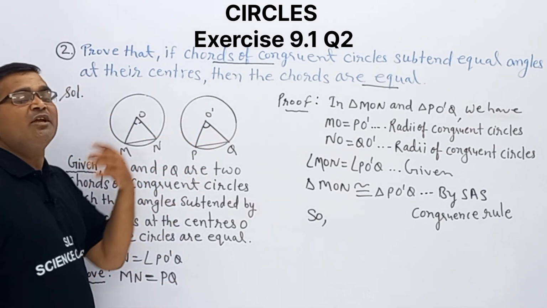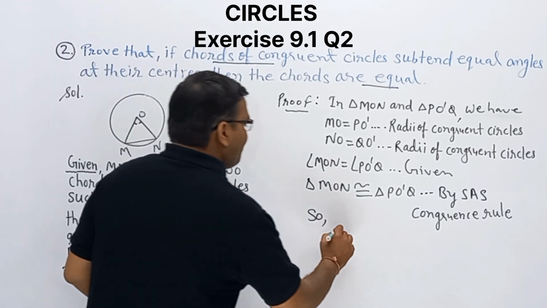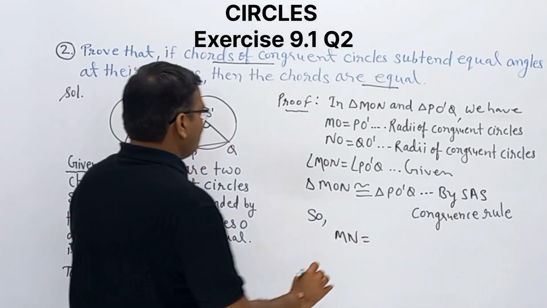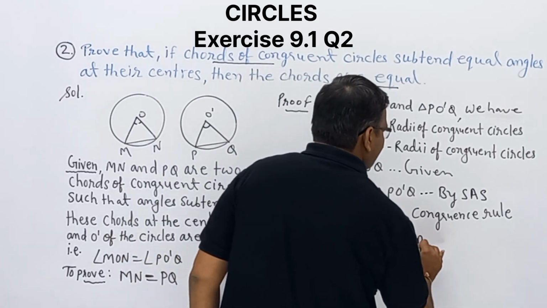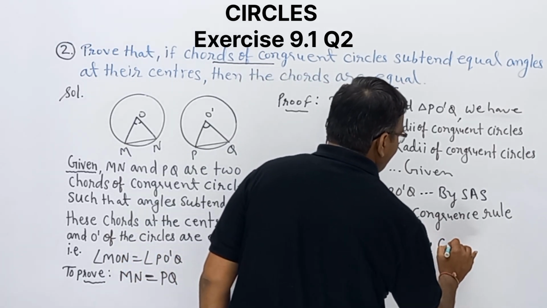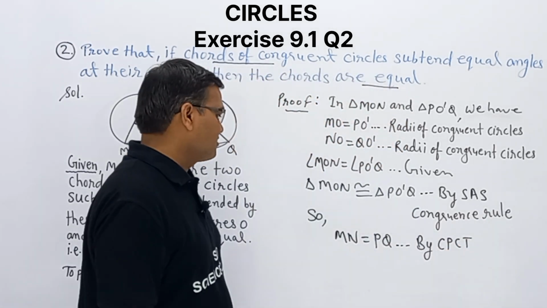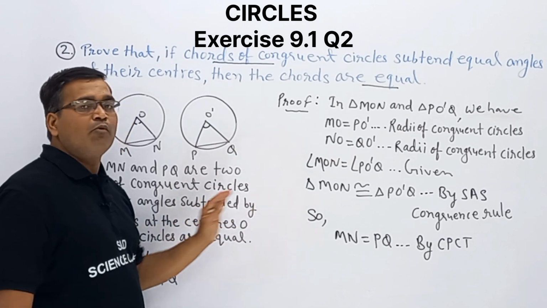It means corresponding parts of these two triangles will be equal. So we can say MN equals PQ by CPCT, corresponding parts of congruent triangles. By CPCT we proved that MN equals PQ, and this is what we wanted to prove.